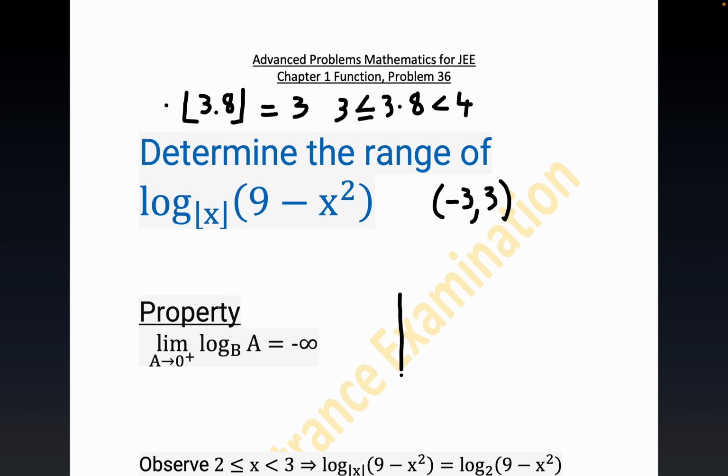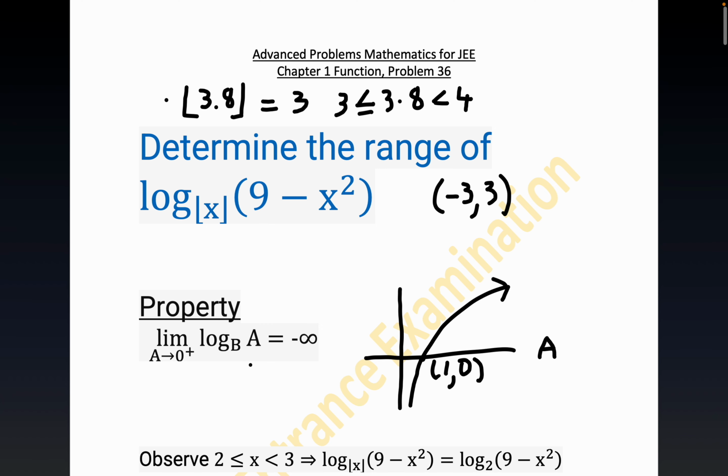And of course, this would be the point 1 comma 0 right here, since it's the inverse of the exponential function. And so you can see as a gets smaller and smaller, this is headed south. This is just a property of an unshifted logarithm function.